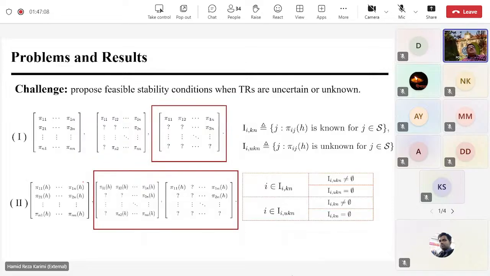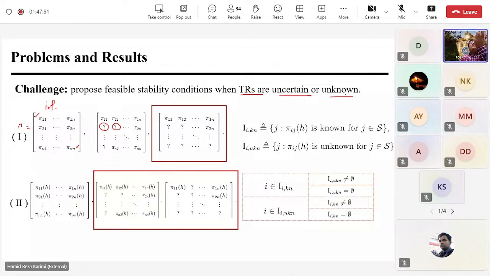Just for your information, I told you before that this matrix pi is the matrix for the Markov chain process. If all the information is given, it is full information. Maybe some parameters are unknown, which means you have some unknown terms. So one challenge is to propose a feasible stability condition when the transition rates are uncertain or unknown.